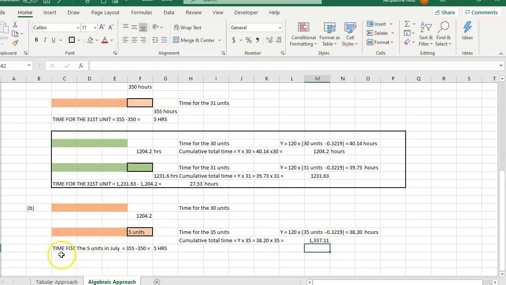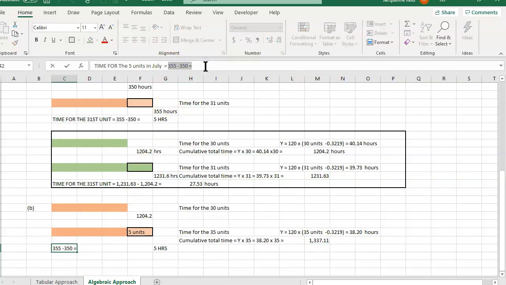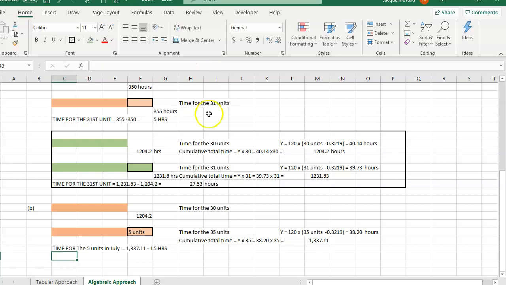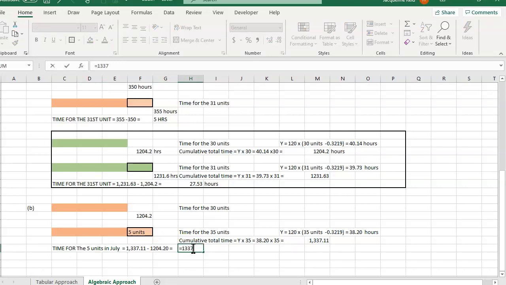So the time for the 5 units in July will be 1337.11 hours minus 1204.20 hours, and that will give you a difference of 132.9 hours. But what did the question ask for?